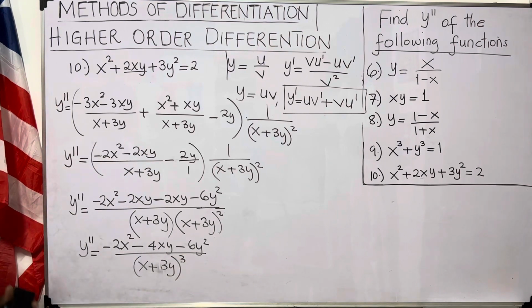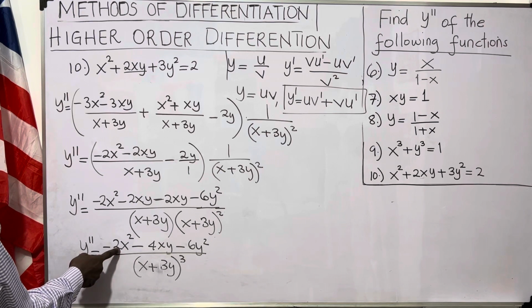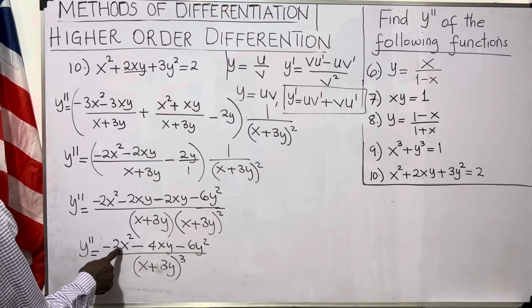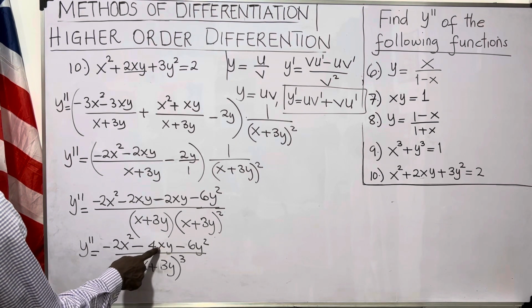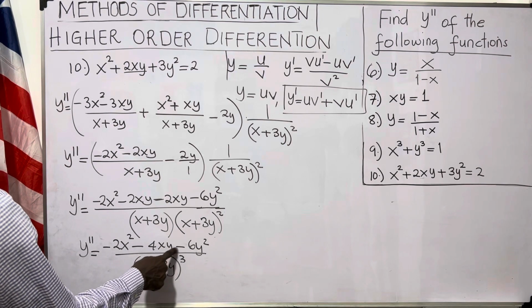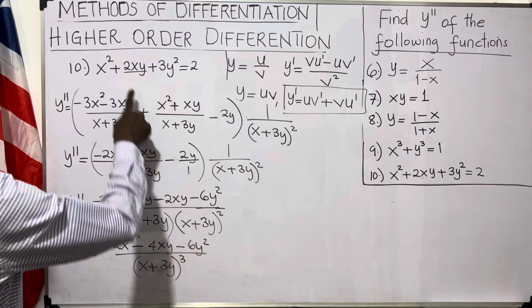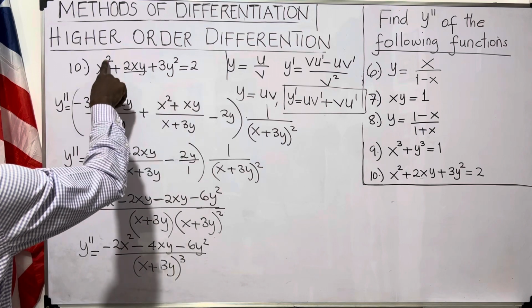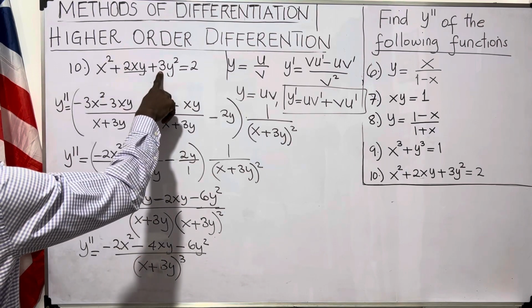Okay. Now these are all negative. We can factor out the negative. If we also factor out 2, we will have x squared, and then here will be 2xy, and then this will be 3y squared. So you will see the same thing appearing here, x squared plus 2xy plus 3y squared.